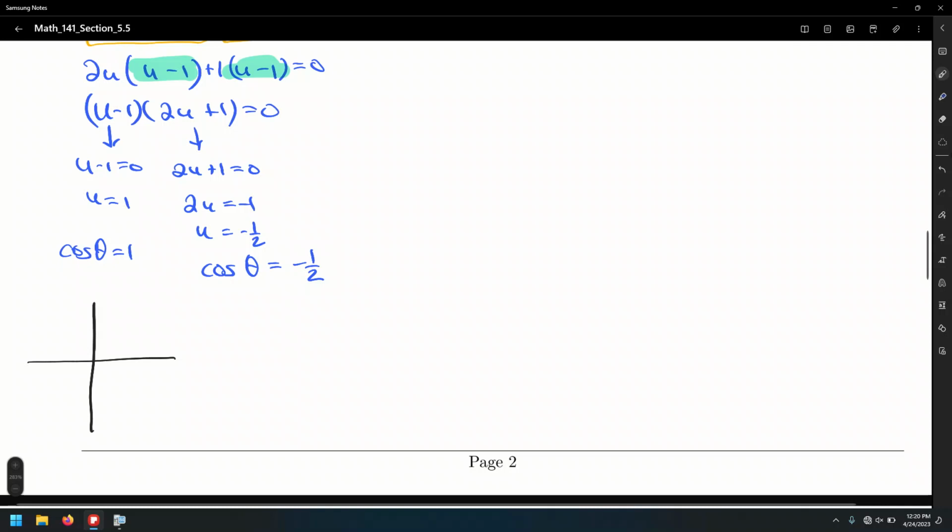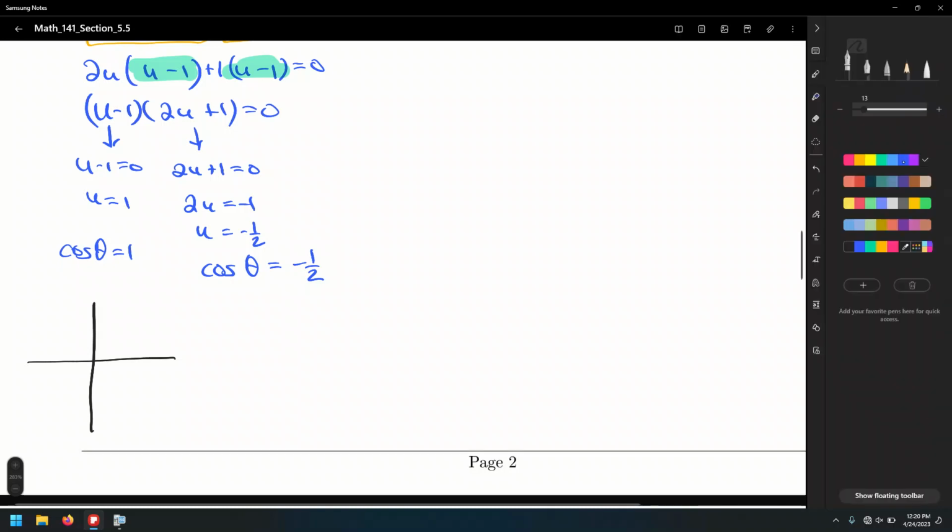What values between 0 and 2 pi have a cosine equal to 1? Zero? Just 0? It looks like just 0. So here let me label theta equals 0.